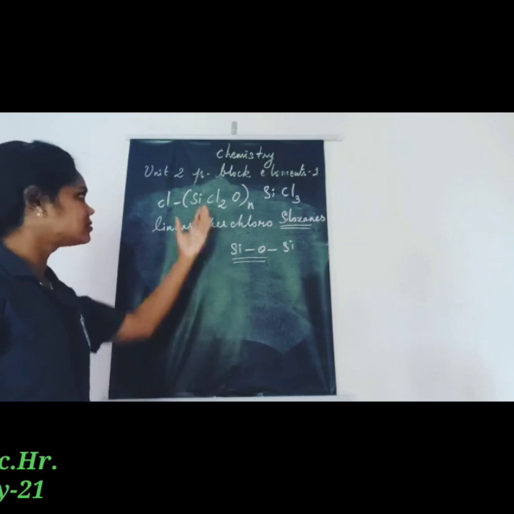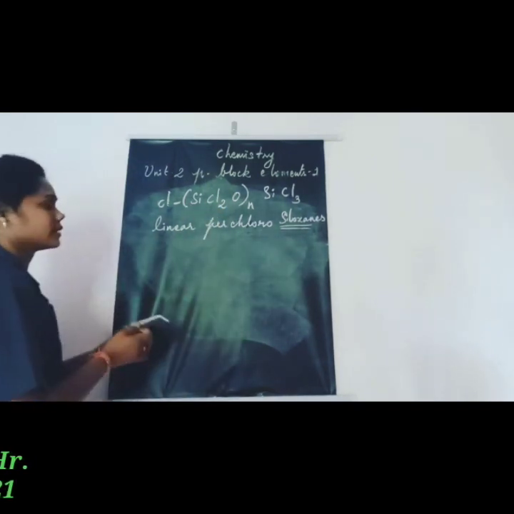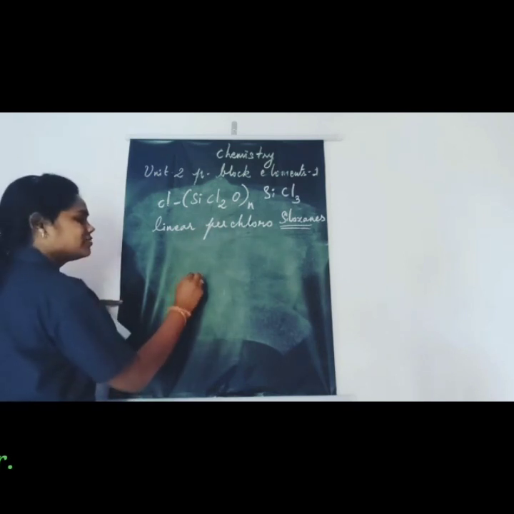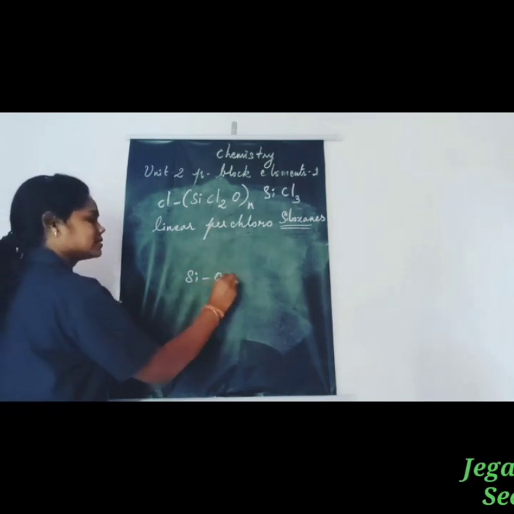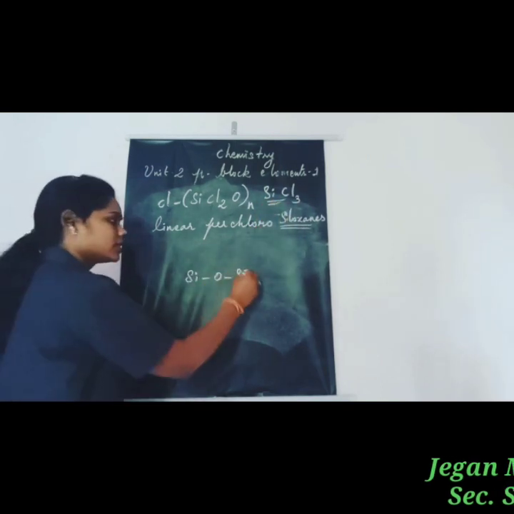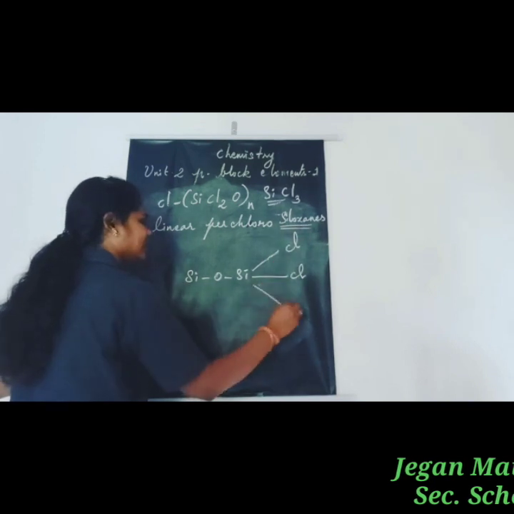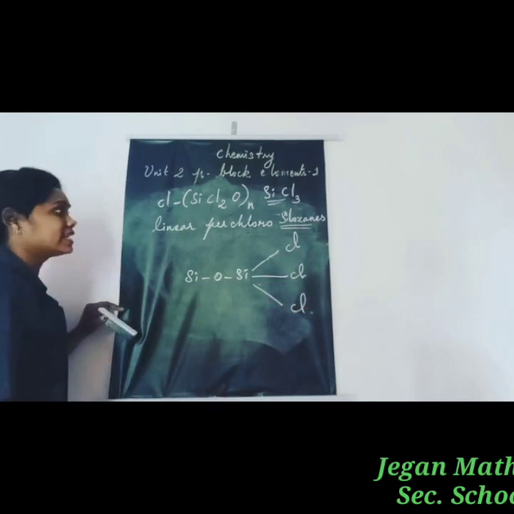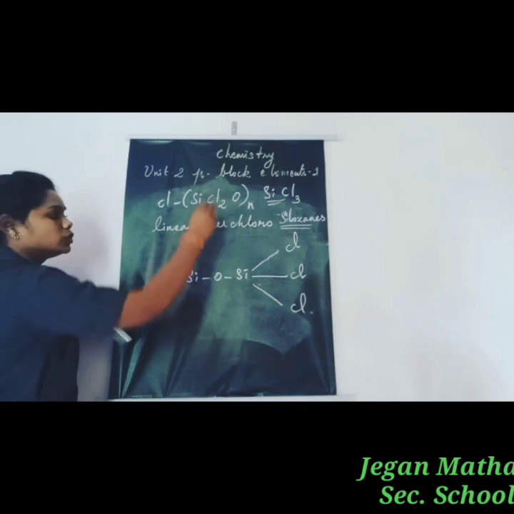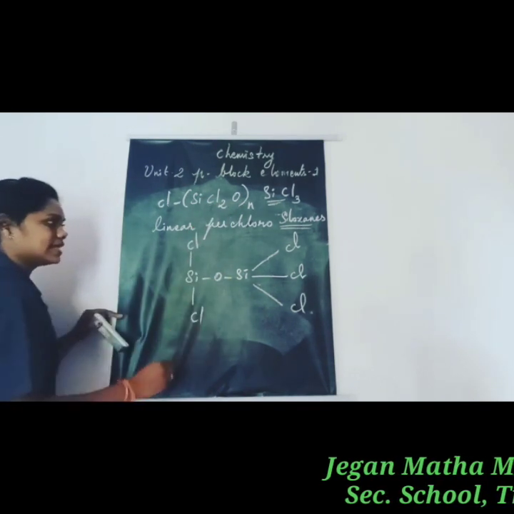Now I draw the structure of this one. First I draw the functional group of siloxanes. Si. Here SiCl 3 times. So here one Cl, Cl and then another one Cl. Then next one Cl 2 times. So here one Cl, here another one Cl.